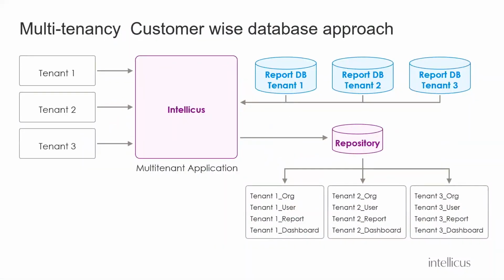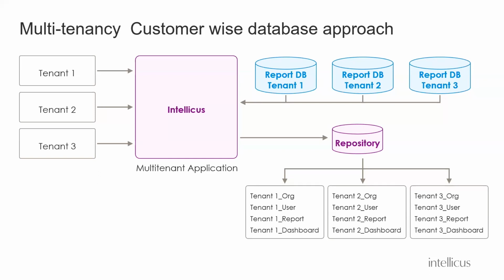Next, we see multi-tenant architecture of Intellicus. In this case, if you have a number of customers using the application, separate space is defined for each client in the repository. Each client with their own database share the same instance of Intellicus, but they are unaware of any other client space in the instance.